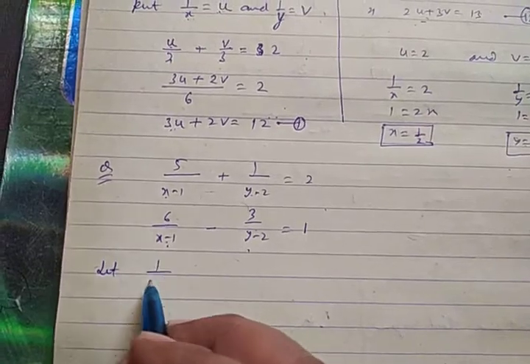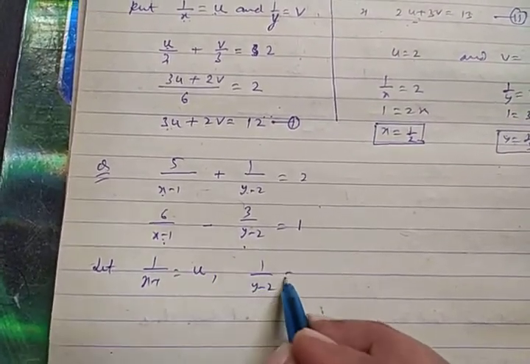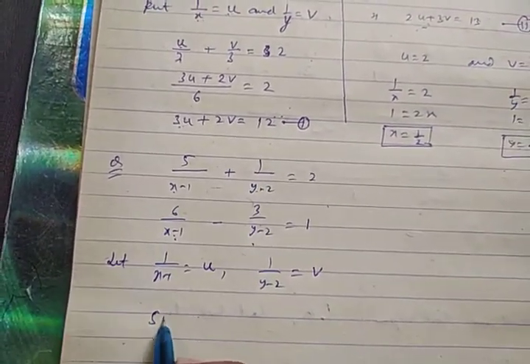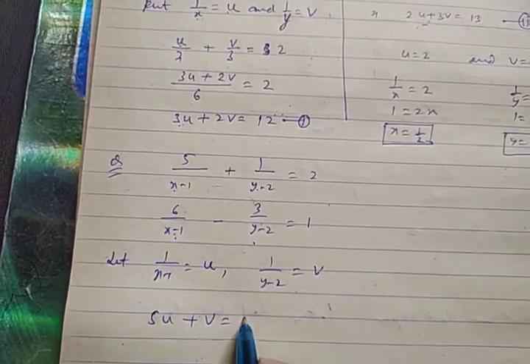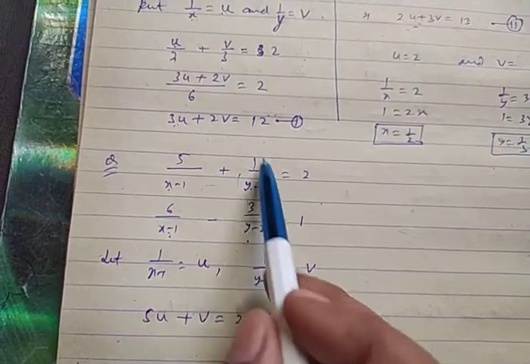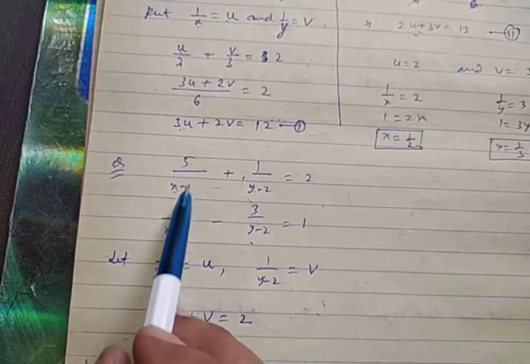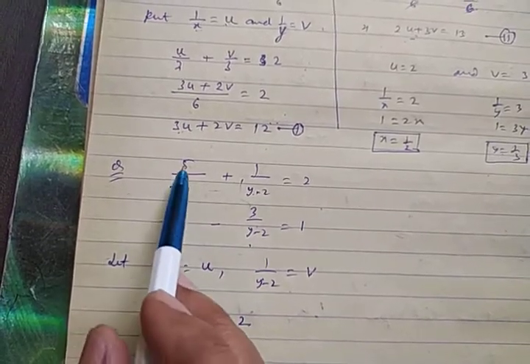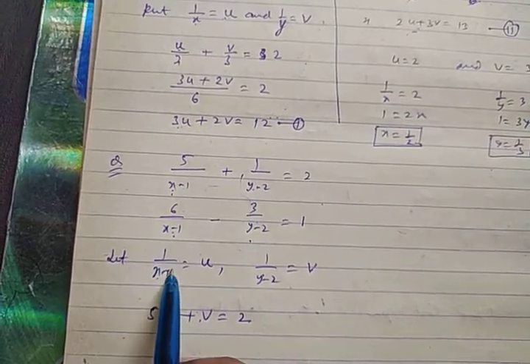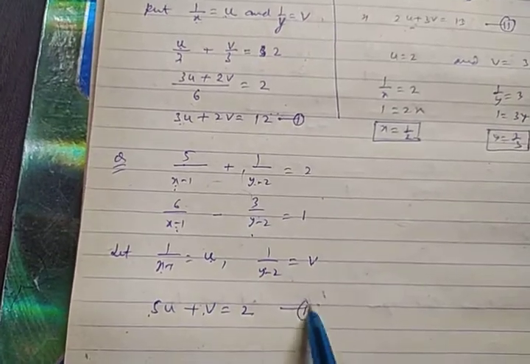Let 1 upon x minus 1 is equal to u and 1 upon y minus 2 is equal to v. The equation will be converted into 5u plus v is equal to 2. Here 5 upon x minus 1 means 5 into 1 upon x minus 1, which becomes 5u. This is your equation 1.